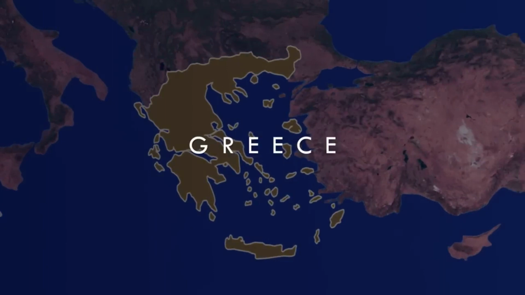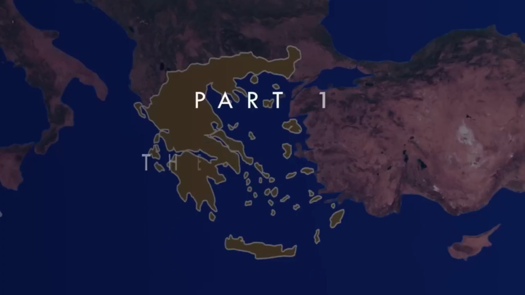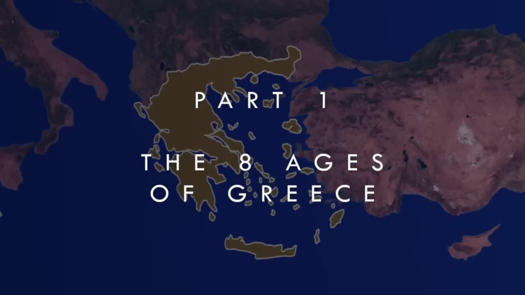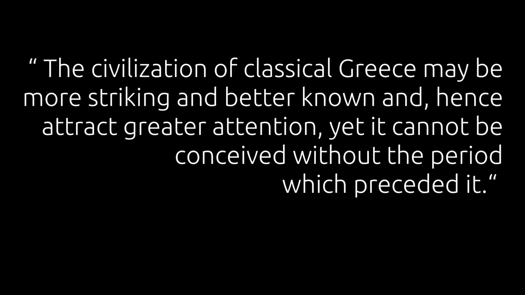However, these are not the same autonomous independent structures as we typically associate with classical Greece that would appear later on. The importance of this period may thus be explained as, to quote, "The civilization of classical Greece may be more striking and better known, and hence attract greater attention, yet it cannot be conceived without the period which preceded it."